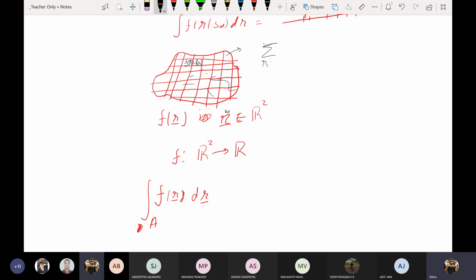We divide this into n small areas, take the value of f for each area, multiply it with the area and sum it all over. This is how I do it in two dimensions. You can extend this to n dimensions: divide the space into n-dimensional sub-volumes, take the value of the function over each hypercube and sum it over. That is how you define n-dimensional integration.